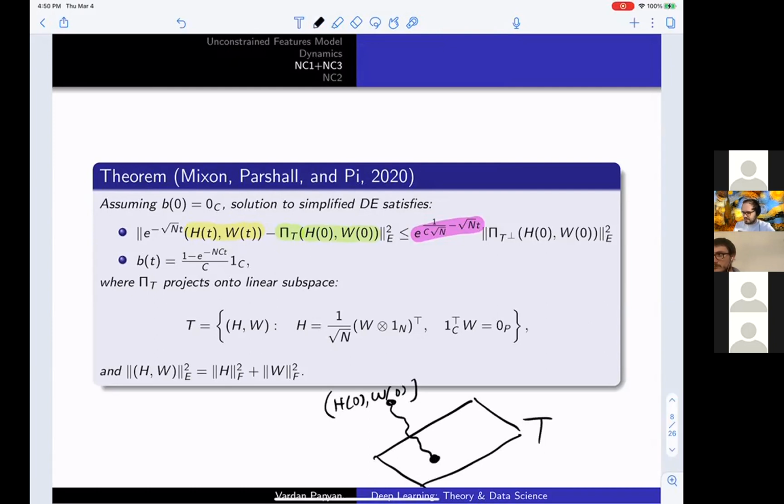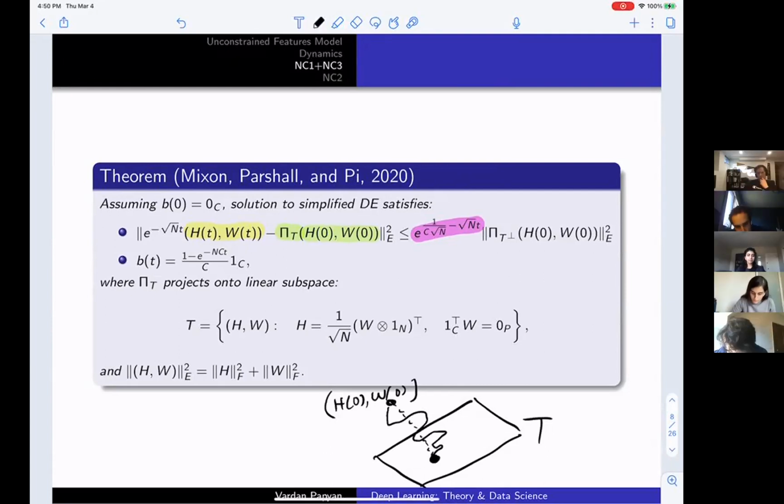This is the projection onto the linear subspace, and they're claiming that you get rapidly towards this projection. So your trajectory might be something like this. Does this drawing make sense? Anyone? It does, okay.